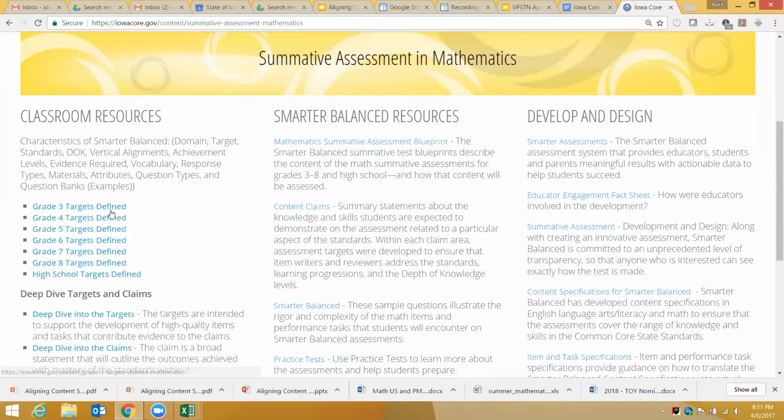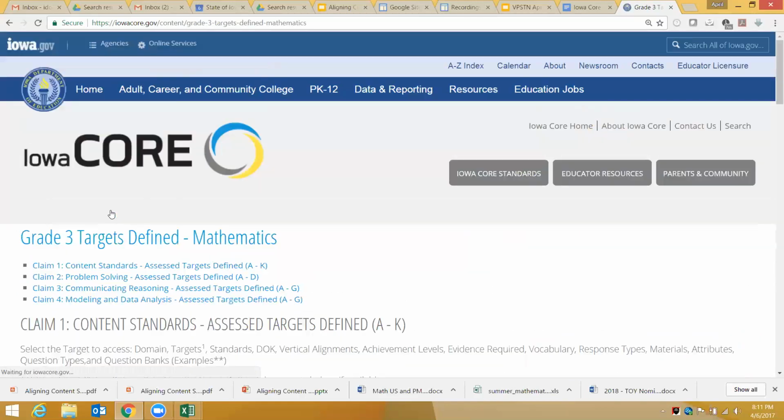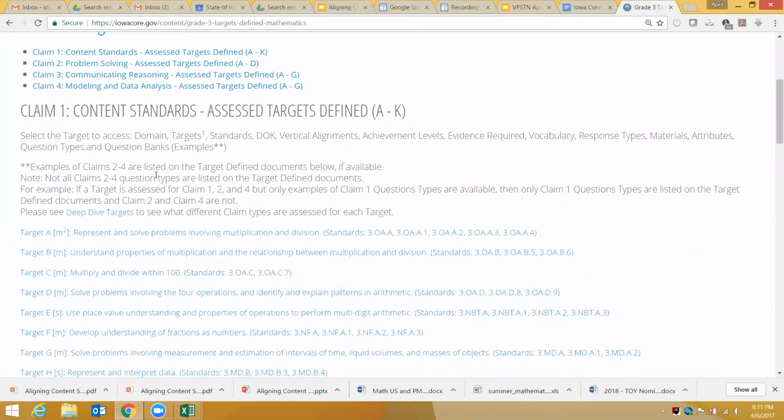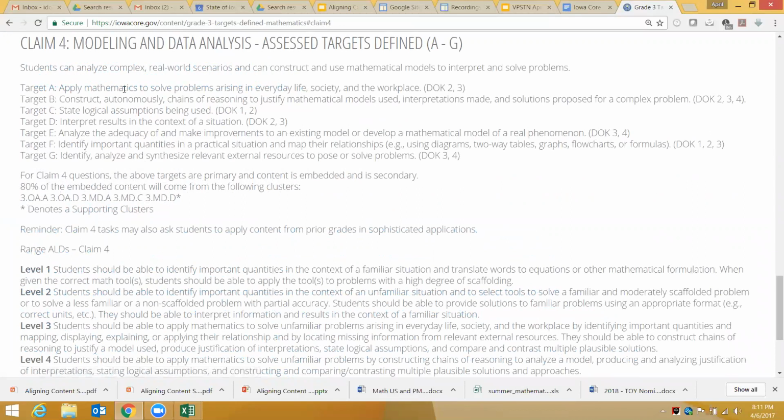and these are the grade level targets defined that I was talking to you about. So let's go ahead and open up grade 3. And up here at the top is where you're going to have your content. And then here under Claim 4, Modeling and Data Analysis, we'll open that up. And you'll see this is all the information we were talking about on that other sheet. So really we house the information here.